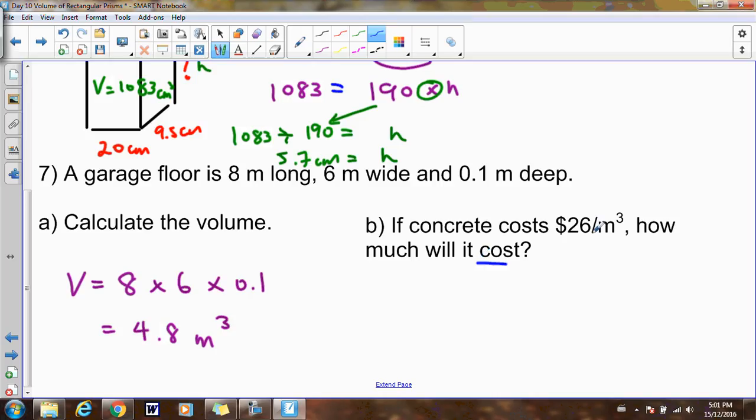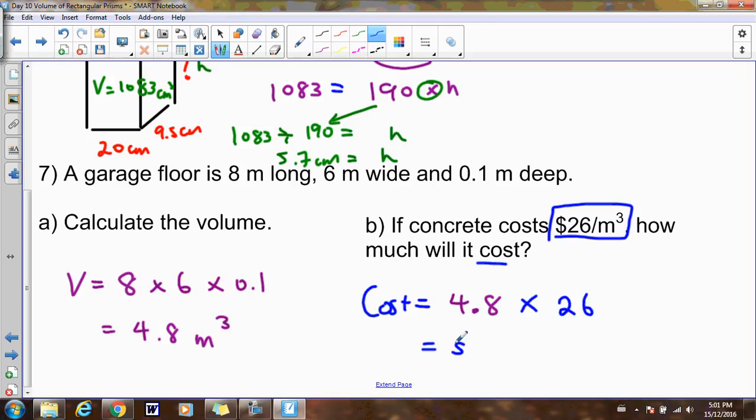Let's say if you're paving your garage floor, and it costs you $26 per meter cubed. So the total cost would equal the volume we just calculated, 4.8 meters cubed, multiplied by the unit cost, which is 26. And if you do that, you're going to pay $124.80.